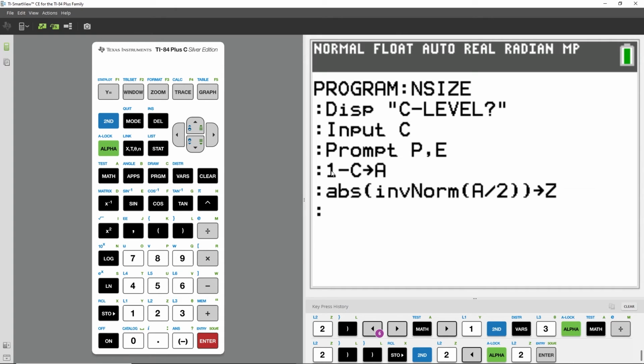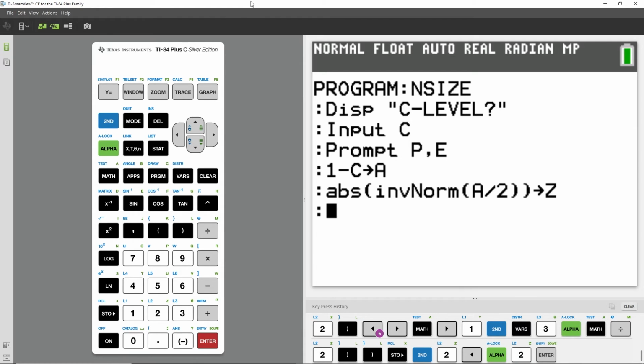We're going to subtract that from 1 and get the alpha, 0.10, and then we would do the inverse norm of 0.05. That's the low tail. So it will be negative. And all we're going to do is make it positive and store it as Z. So our Z is good now.